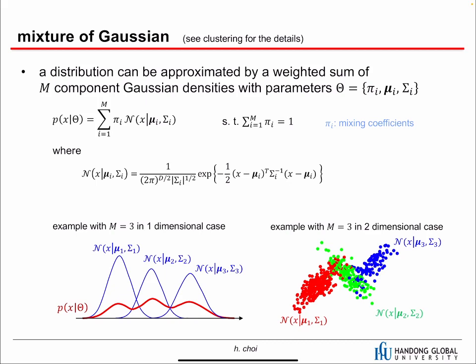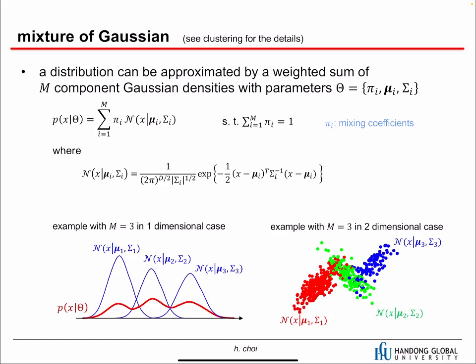In this slide, let me tell you the brief idea of the mixture of Gaussians. In the parametric method, we assume that the density is Gaussian, and then we have to estimate the mean and the variance. So there is one distribution with the parameters. In the KDE, kernel density estimation, we have lots of kernels.